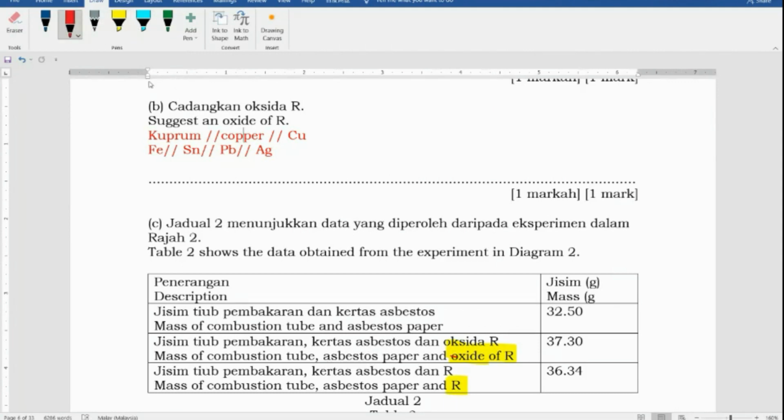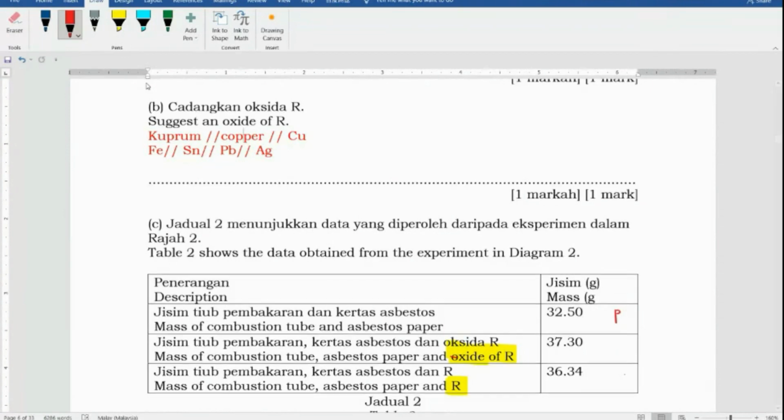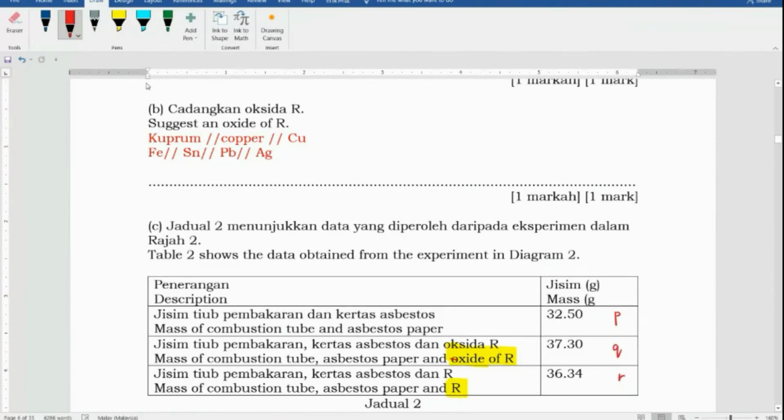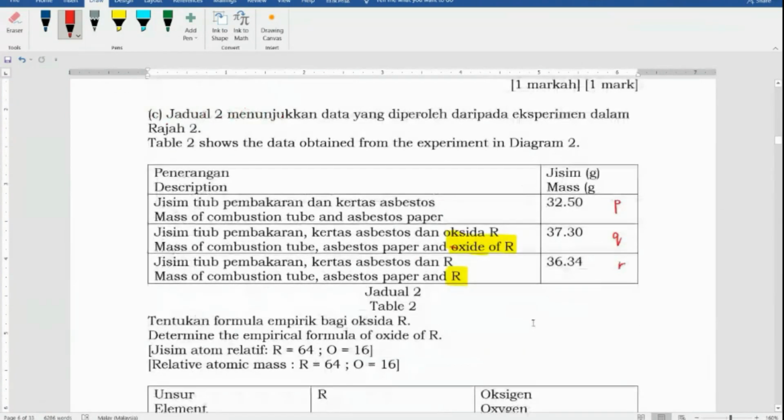Now again, let's say this one is X, this one is Y, I use P, Q, R, easier. P, Q, R. Now normally with this apparatus, we need to find out the mass of the R and then the mass of the O, because it is oxide of R. So class, how to find the mass of the R? What minus with what? P, Q, R?